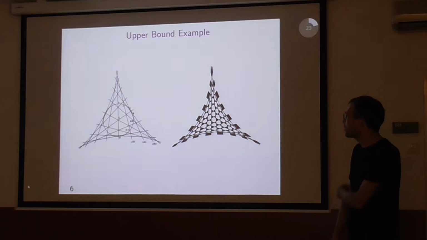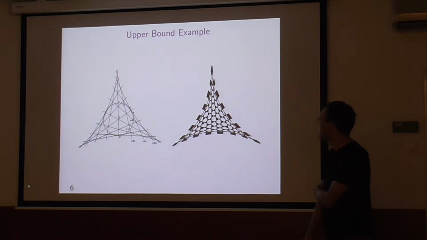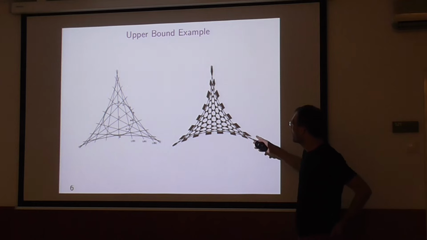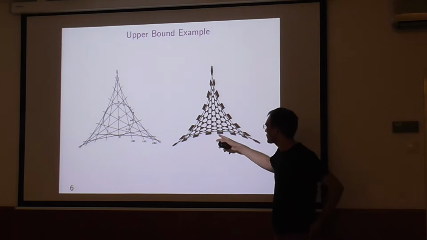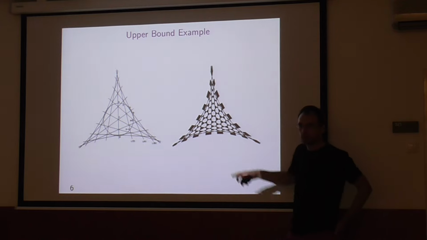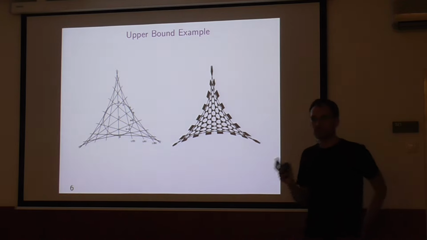I want to show you this example. It's an example they didn't come up with by themselves. It's an example where we have a lot of hexagons which are white and triangles which are blue. So there are more of these white faces than of the black faces.